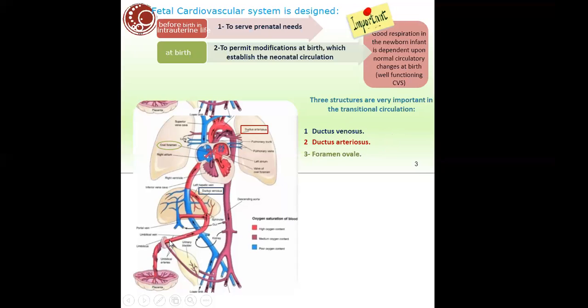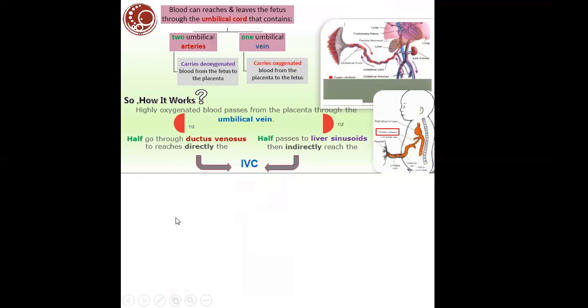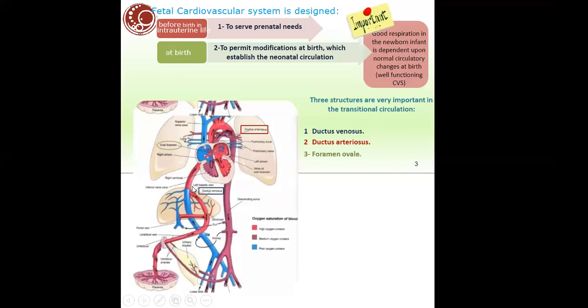Now you see here, this umbilical vein is nearly equally divided into two portions. So this one will supply the liver and join the portal vein, and from there, through the hepatic vein, it will join the inferior vena cava indirectly.